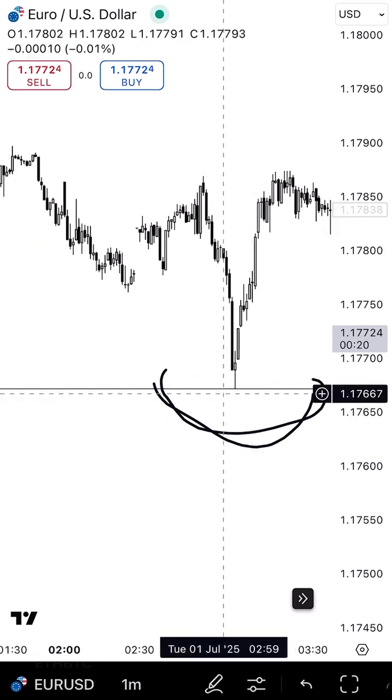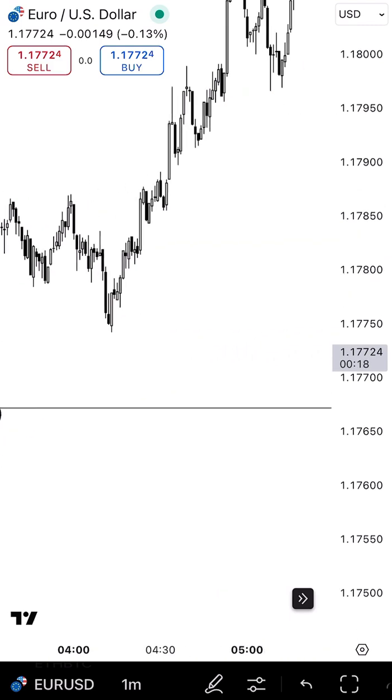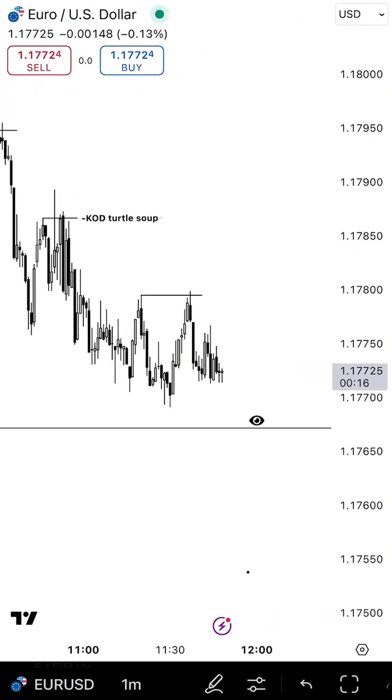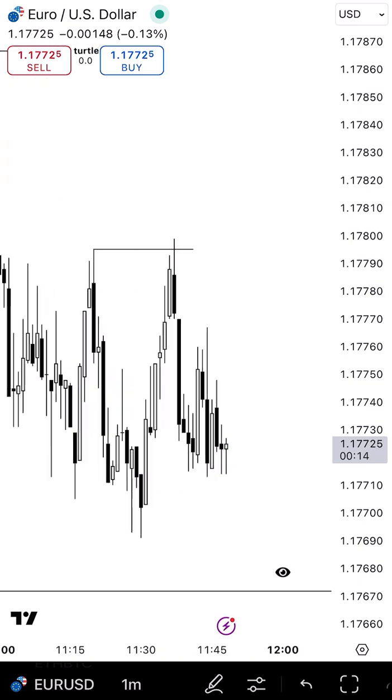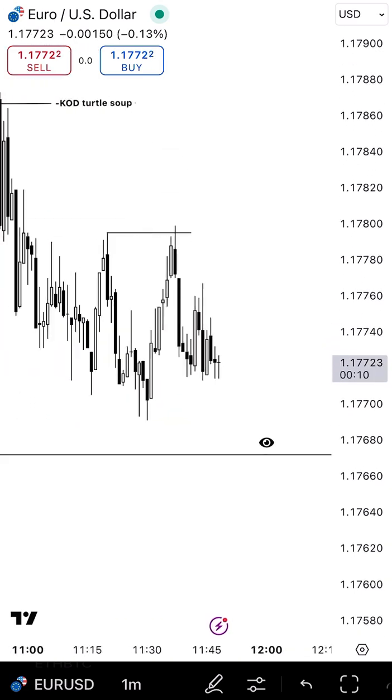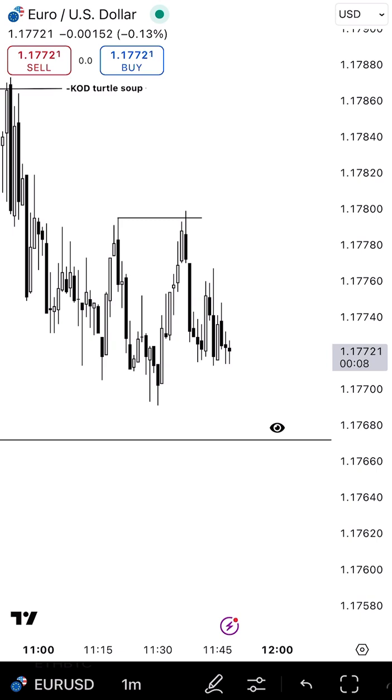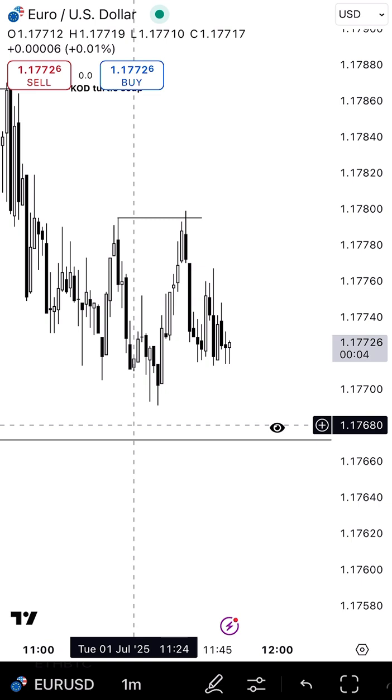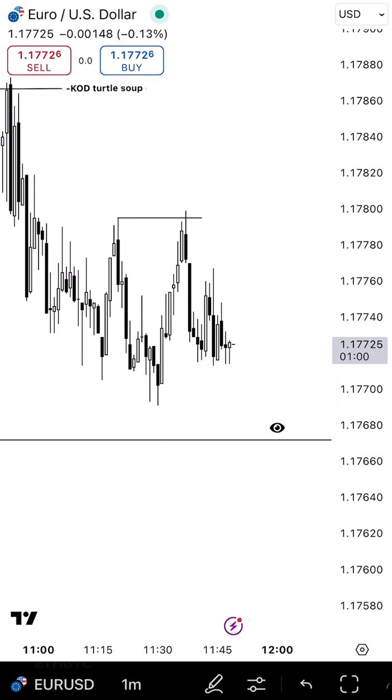But hope is not a strategy, my friends. Hope is not a strategy. And as they're praying, you just know they're marking every single IFVG and FVG and whatever nonsense they do on the charts, but it's not going to work.